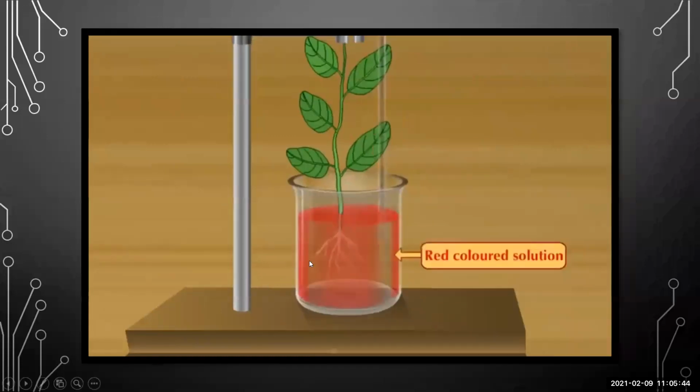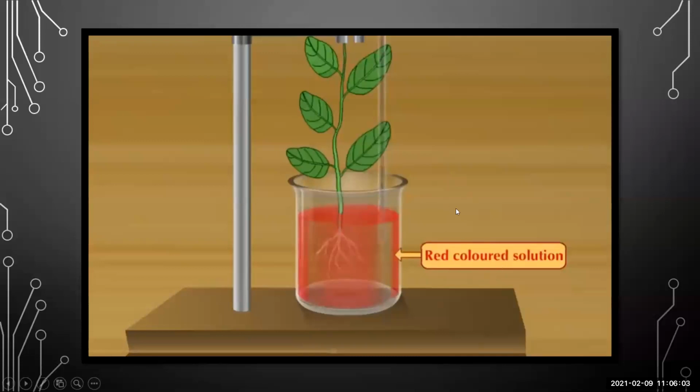Now you can see here how it turns red in color. The water turns red as we have put 2 to 3 drops of safranin or eosin, which is a red color dye, and we mix it with the stirrer so that the water in the beaker turns red in color.